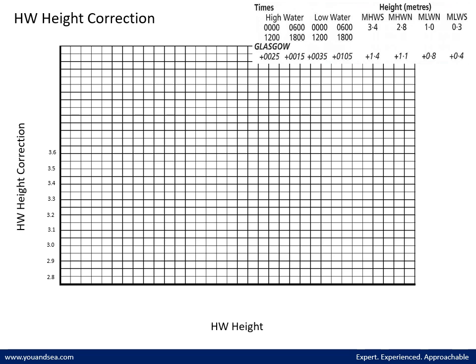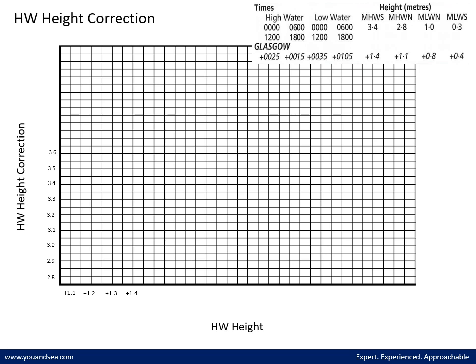The benefit of this grid version is it's easy to add other information in and expand the information. So we've added another couple of lines in, 3.5 and 3.6. On the bottom one is the high water height correction, 1.1 to 1.2, 1.3, 1.4.